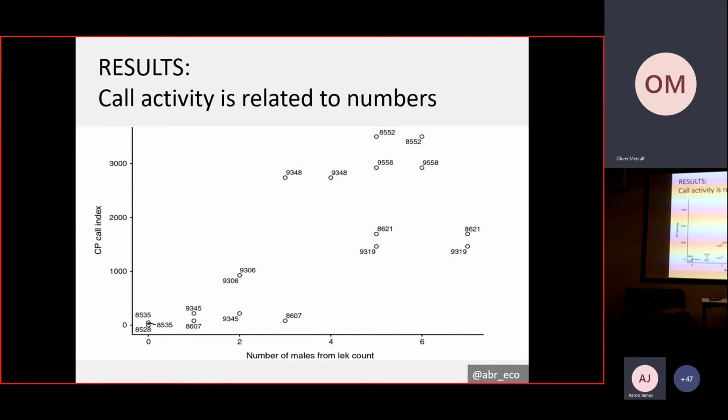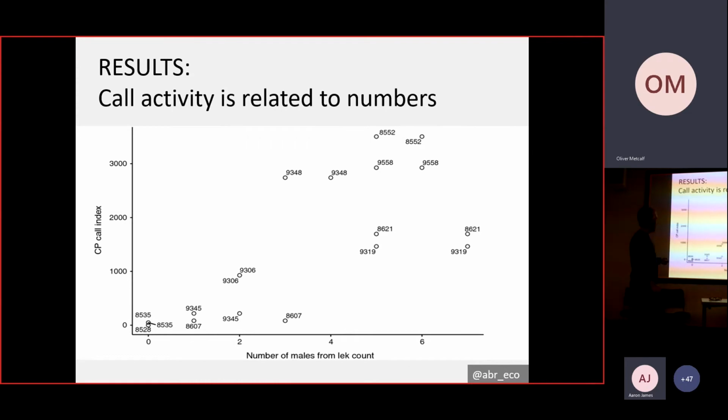If you're interested in that, then you want to look at the papers of Christian Perez-Granados, who's done a fair bit of work on call activity rates in different species, and other people have done work on seabird colonies and penguins, which show that just the volume and the variety of calls you get within a certain time period is a good reflection of how many birds are present, if the birds are close together and in a mass, like in a seabird colony, or at a lekking site like this one potentially.